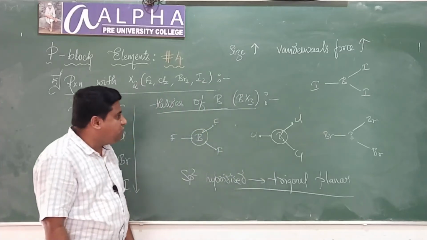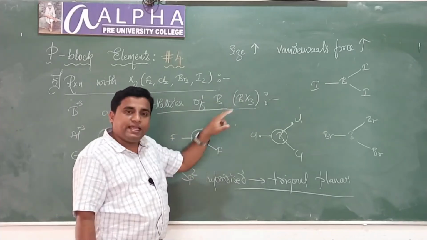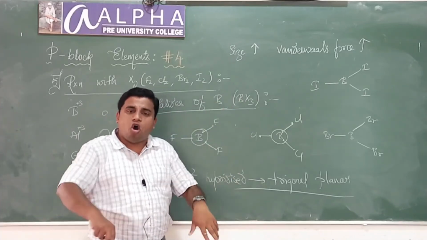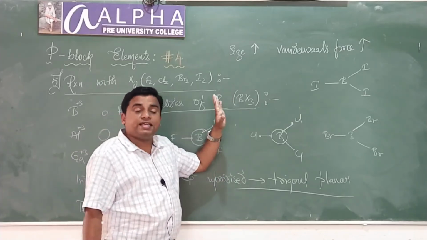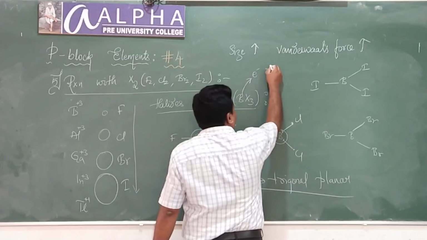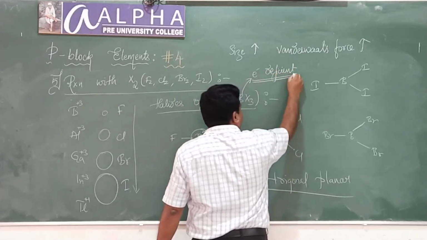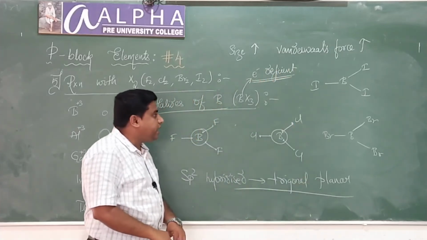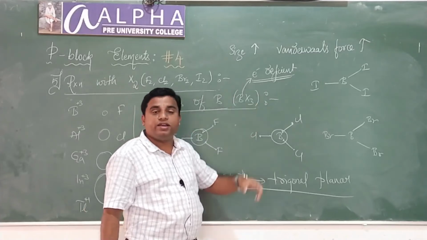So like that, if you take any trihalide of boron, in all the trihalides of boron, boron is electron deficient. Are you getting my point?